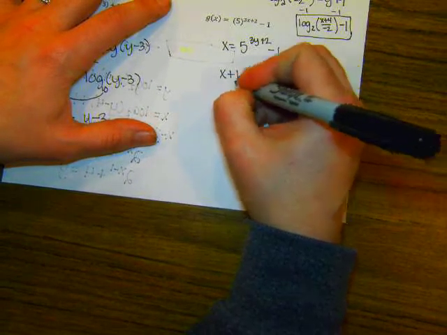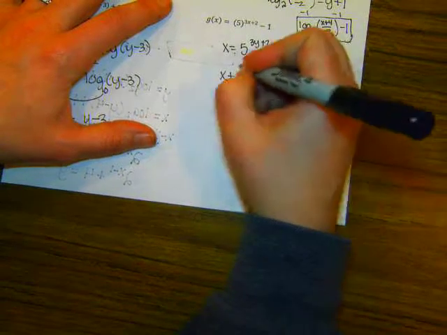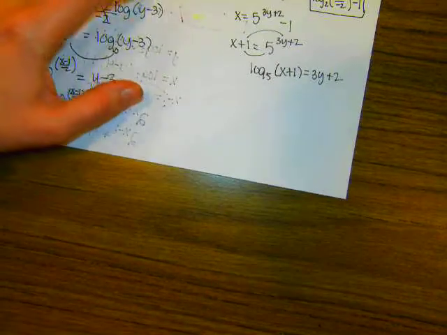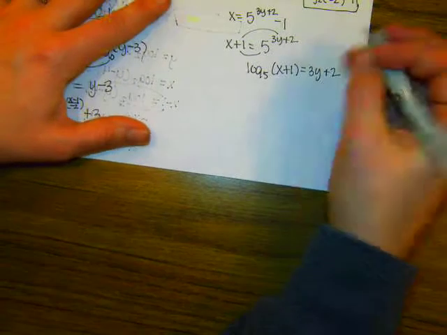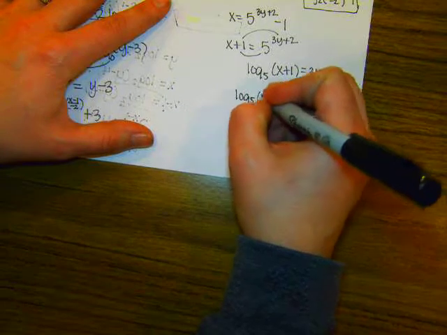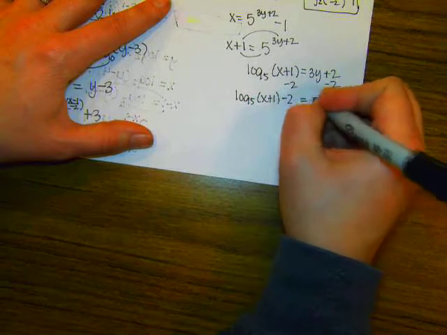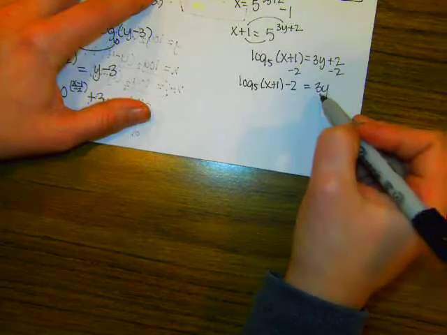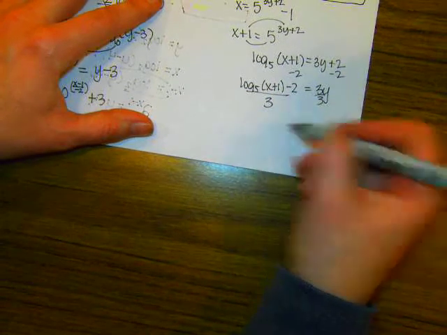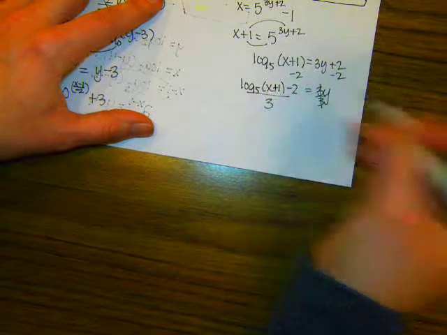Log base 5 of that equals 3y plus 2. This one will look a little bit different as well, but just work backwards, subtract the 2. And then to get the y by itself, you have to divide by 3. So you can write it like this. That's completely fine, guys. This would be your answer.